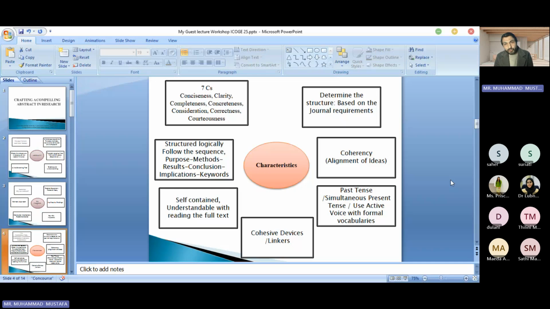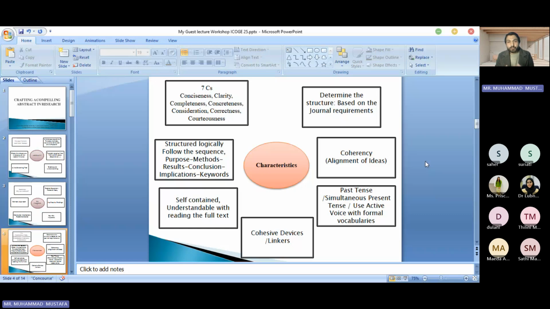One more important element is coherency. Cohesion and coherence are both very important in discourse, including crafting a compelling abstract. What does coherency mean? It's the alignment of ideas, the connection of ideas.